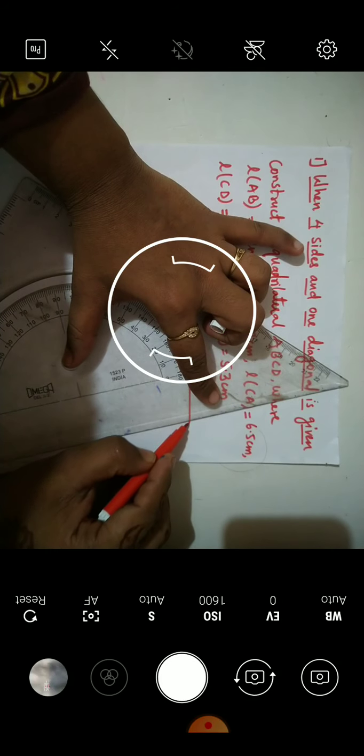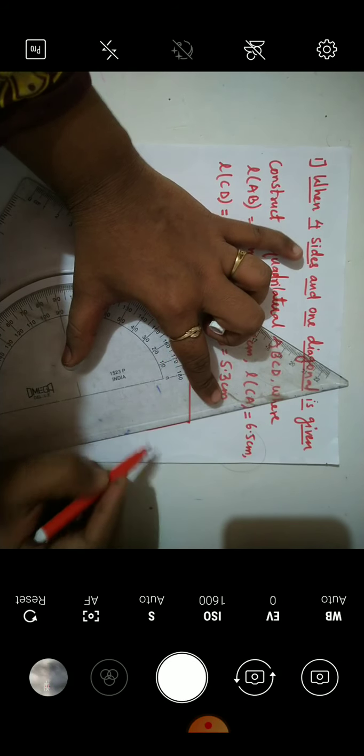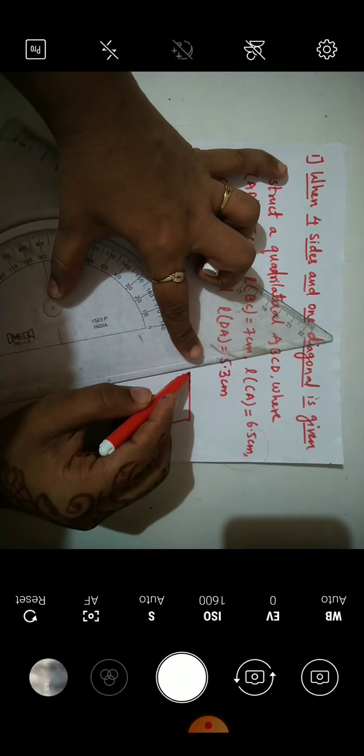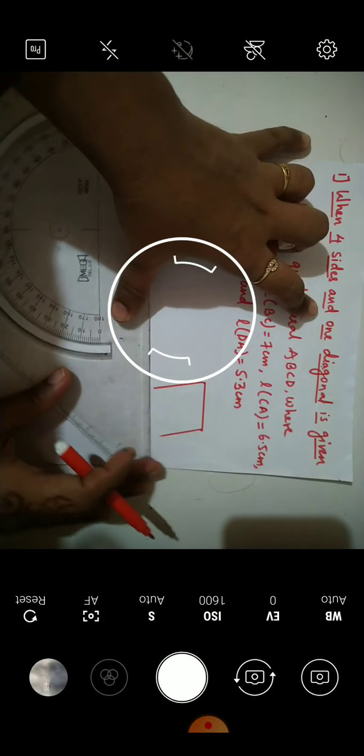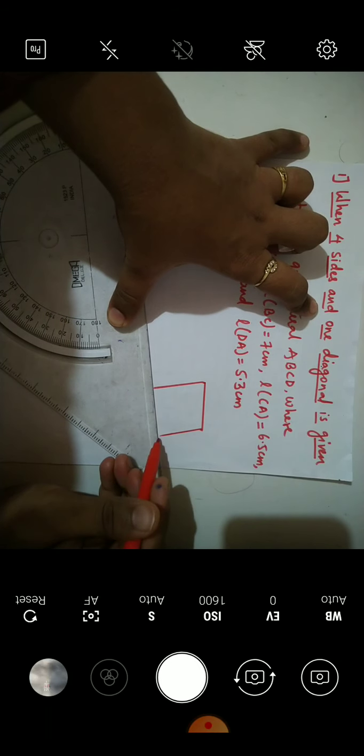Roughly you have to draw. I will draw a quadrilateral and give it the names A, B, C, D.